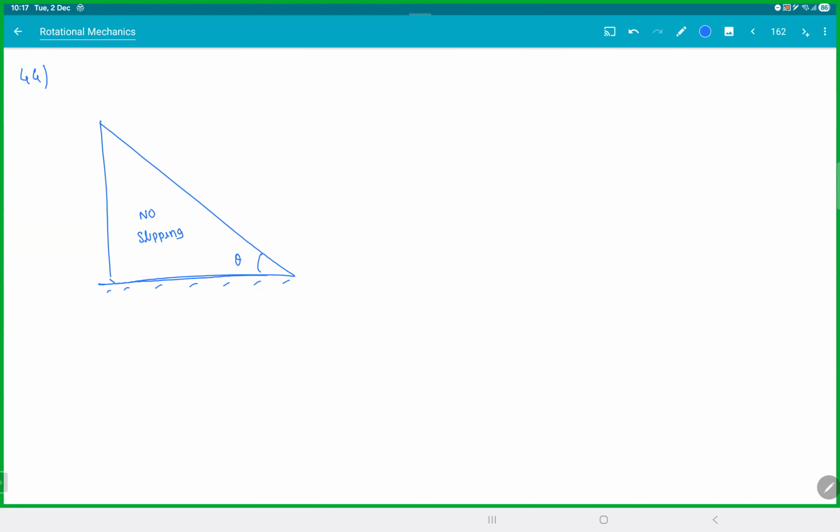So we have a no slipping there, and let's say we have a body here, mass M, radius R, and let the moment of inertia be I. I'm not telling you what body this is, so we can keep different values of I and we'll get different answers.